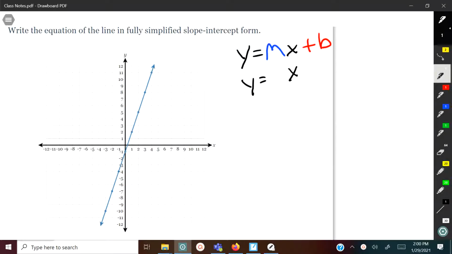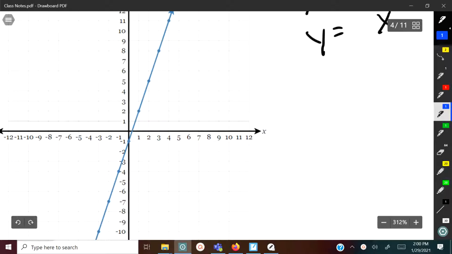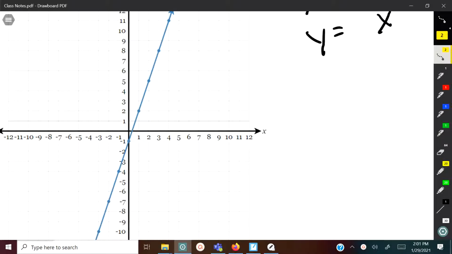First thing we'll do is work with the slope. Now remember that the slope is the rise over run, okay? I'm going to zoom in here and show you that they break it down for you and let you know where the line is crossing on the points of the grid. You could pick any 2 points on the grid and get your rise over run.